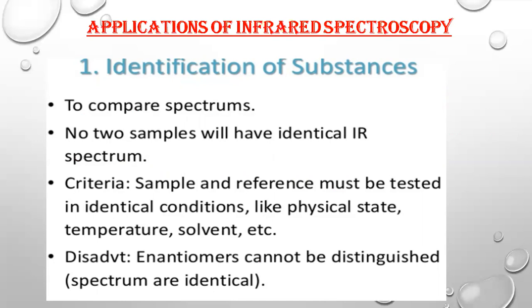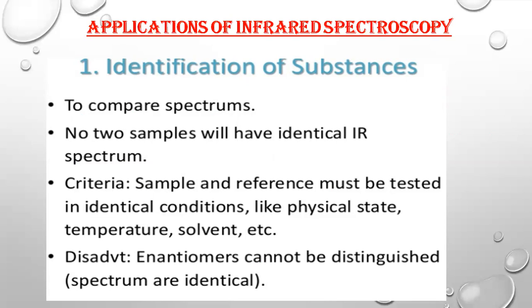If we have two IR spectra, no two compounds will have an identical IR spectrum, even if they have the same functional groups. The difference is because of their skeleton.